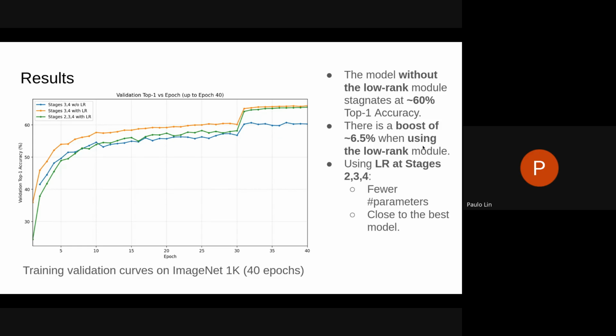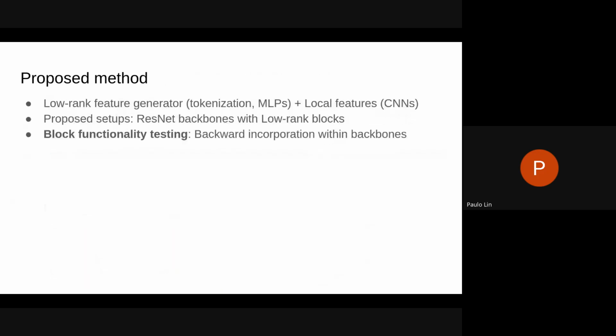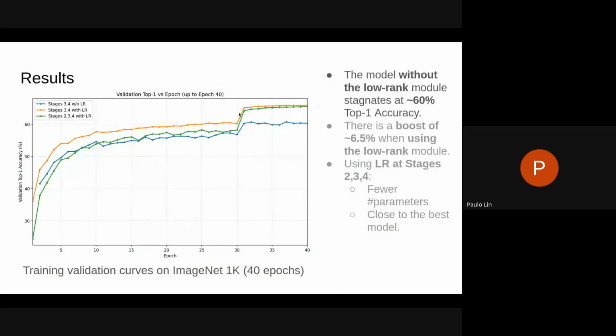And also, if I include the low rank block at stages 2, 3, and 4, the number of parameters is reduced, and the accuracy is still close to the best model I have developed.